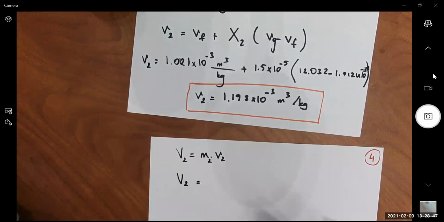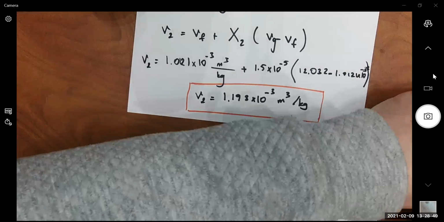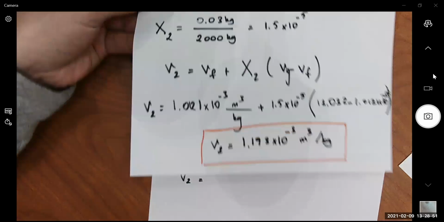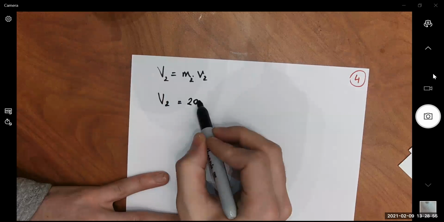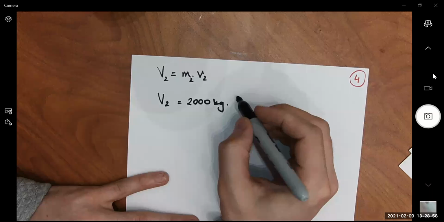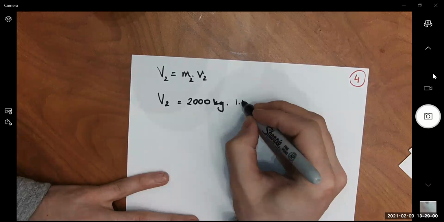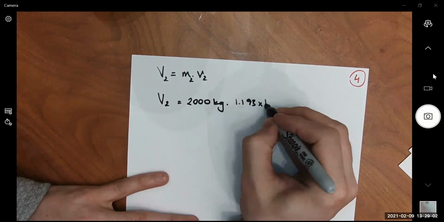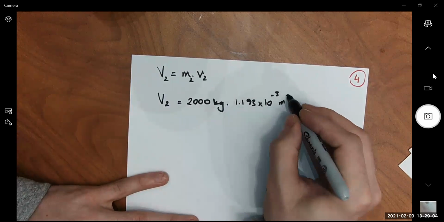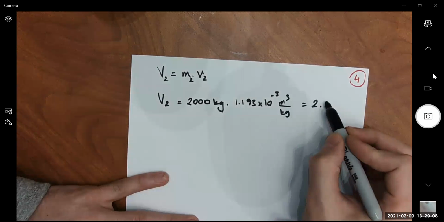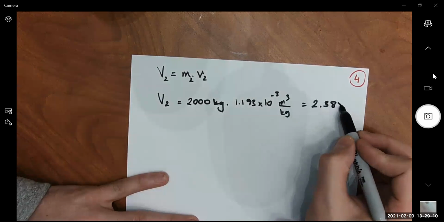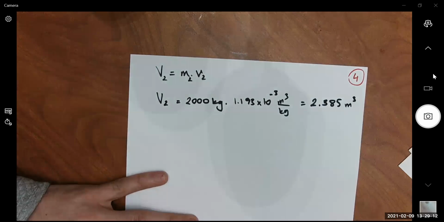Volume will be 2,000 kilograms times 1.193 times 10 to the minus 3 meters cubed per kilogram. We have 2.385 meters cubed.